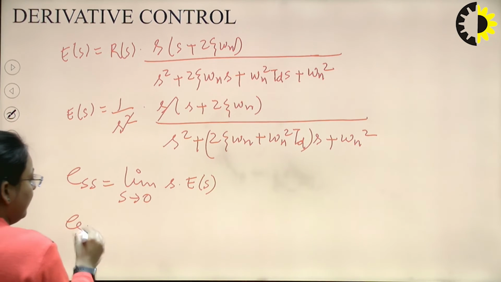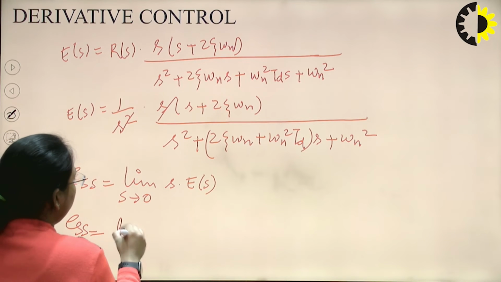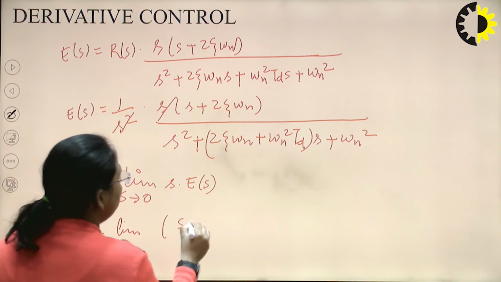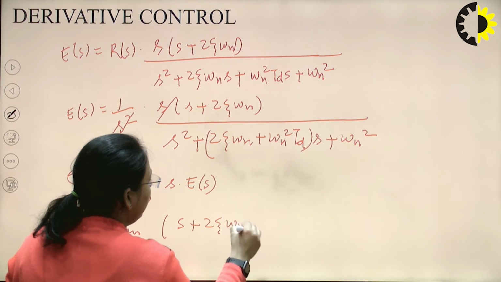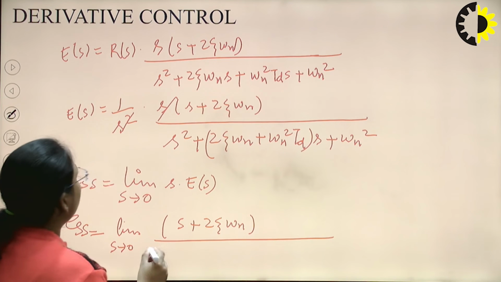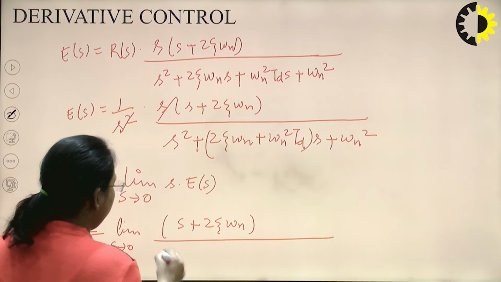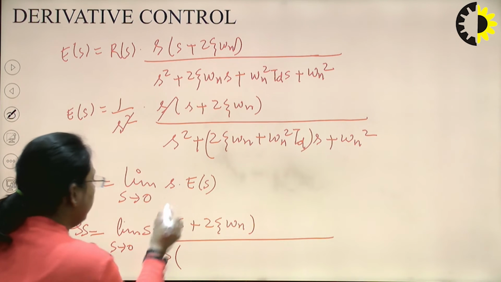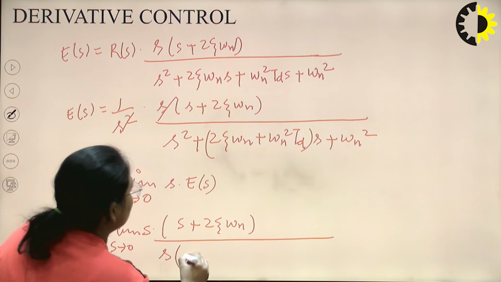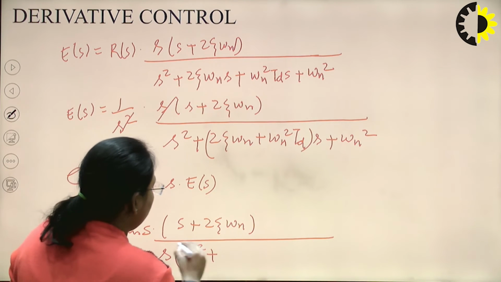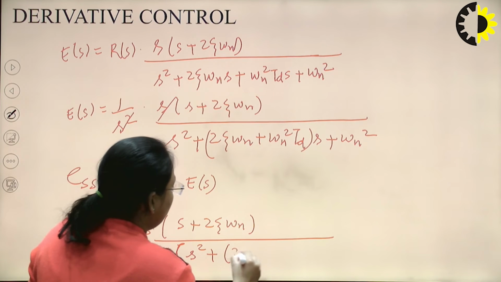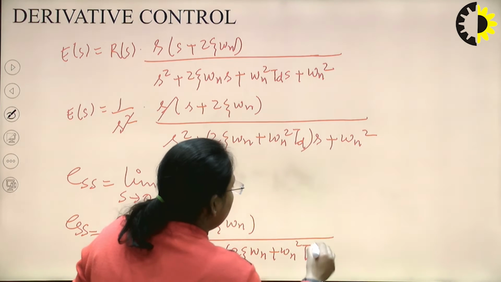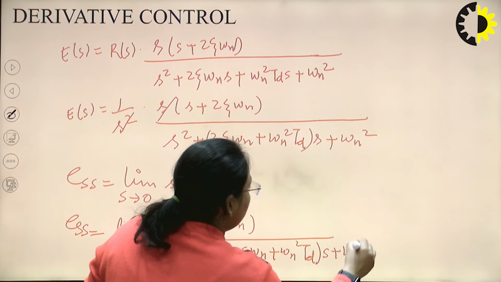So steady state error will come out to be limit s tends to 0 of s plus 2 zeta omega n upon s square plus 2 zeta omega n plus omega n square into Td into s plus omega n square.